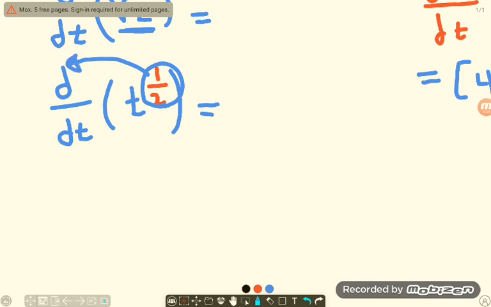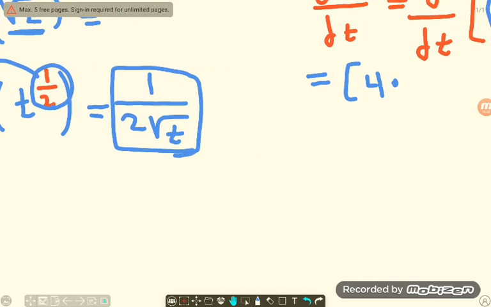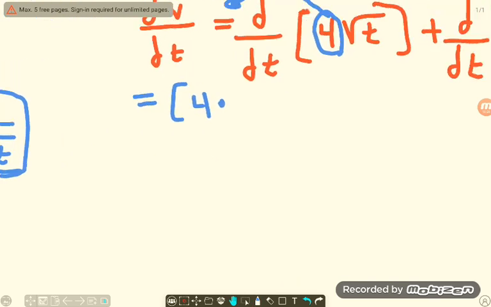So that would be half multiplied by t to the negative half. You bring it down with a positive power and you put it under the root. So that would be equal to 1 over 2 root t. Alright, so that is the derivative with respect to t of the root of t: 1 over 2 root t.